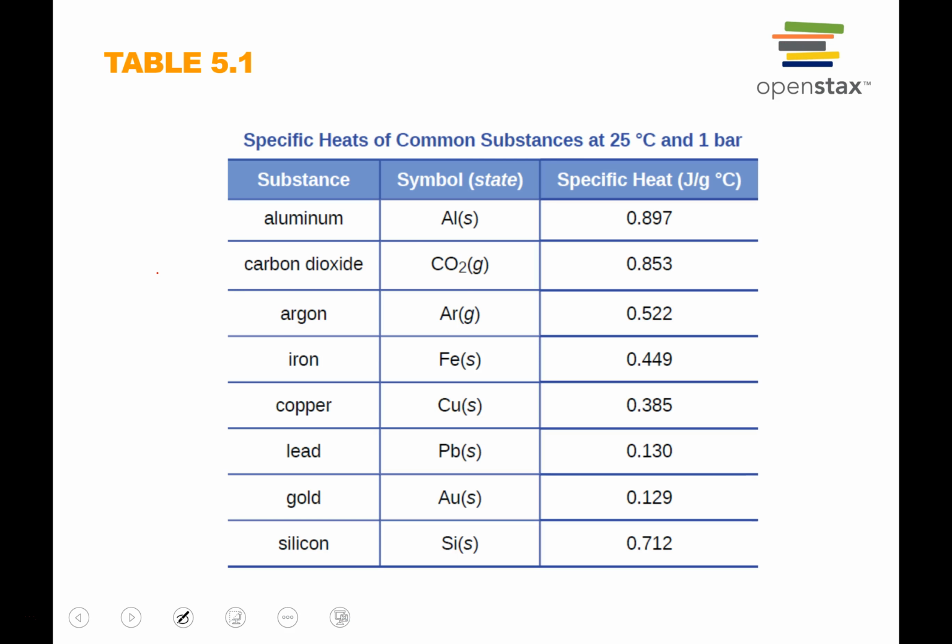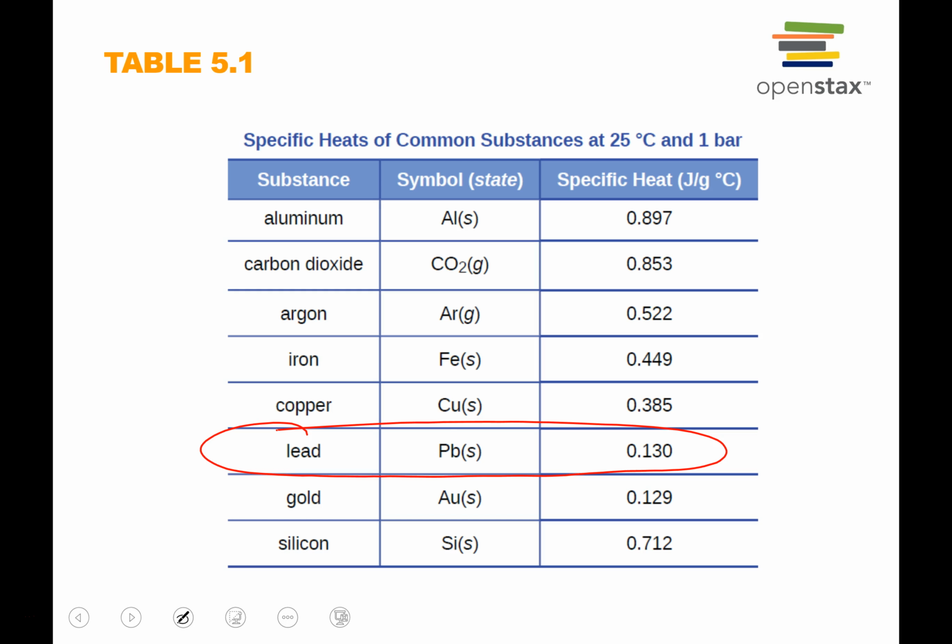Here are some more substances. Let's pick on what's got a low specific heat. Well, gold, but I don't have much gold, but I probably have lead here and there. Again, a low specific heat means that material doesn't take much energy before you see its temperature go up.